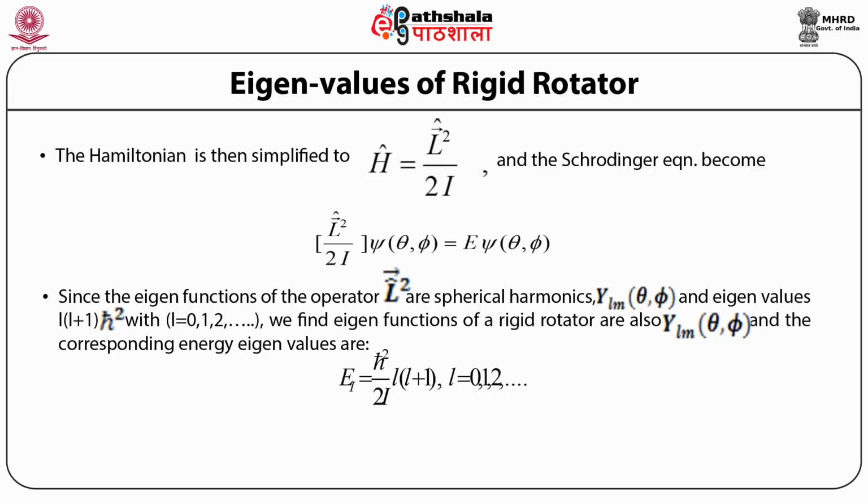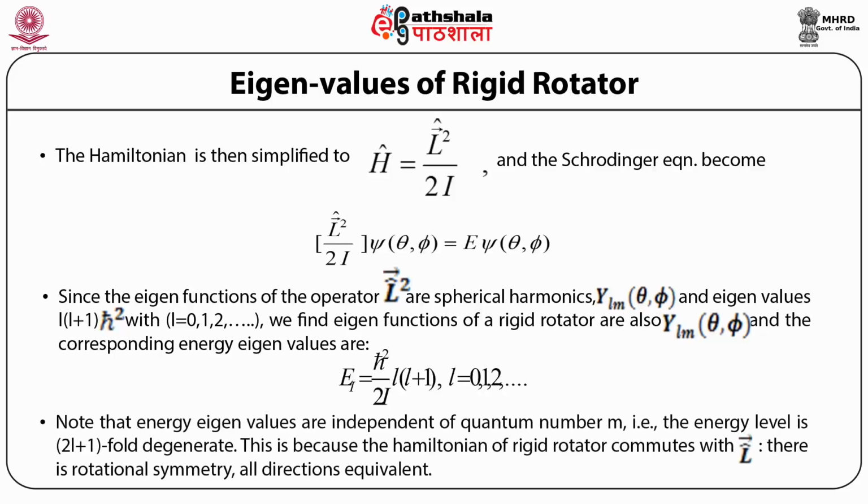Note that the energy eigenvalues are independent of quantum number m, that is the magnetic quantum number m, which in other words also means that the energy levels are 2L plus 1 fold degenerate. So what we mean over here is that since the energy eigenvalues do not depend upon m, for each value of L, that is the orbital angular momentum quantum number, the magnetic quantum number m can take 2L plus 1 values.